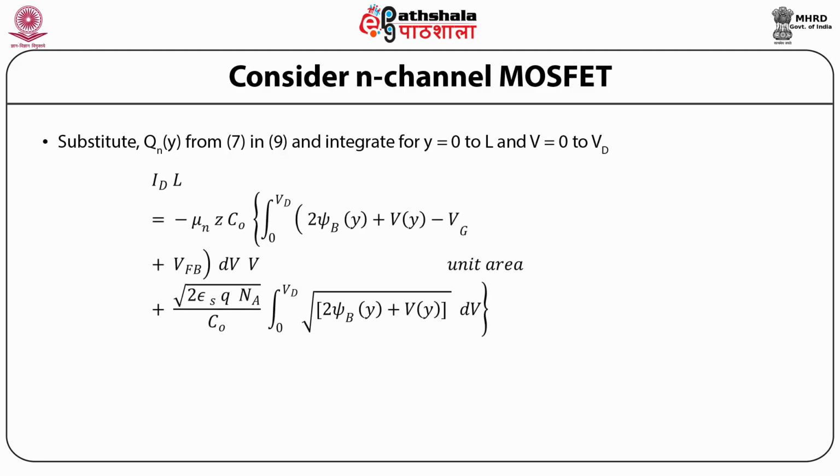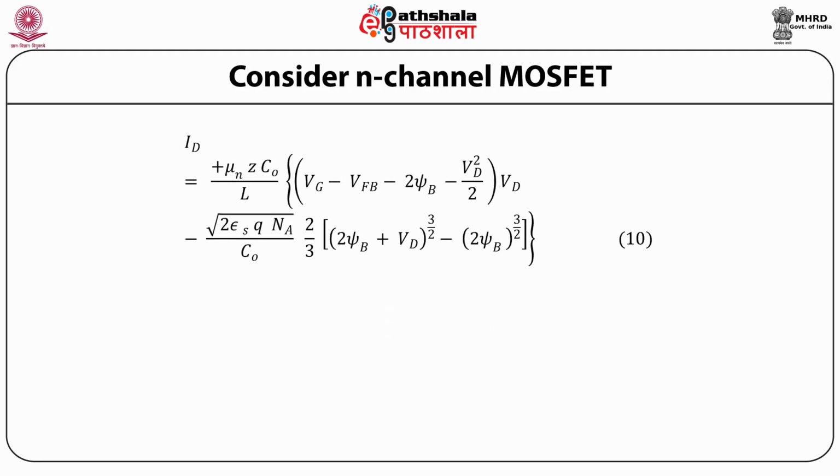So your Id L equal to minus mu n Z C naught bracket, the integral 0 to Vd of 2 psi b as a function of y plus V as a function of y minus Vg plus Vfb multiplied by dV, plus root of 2 epsilon s q Na by C naught multiplied by the integral 0 to Vd of root of 2 psi b as a function of y plus V as a function of y dV, bracket close.